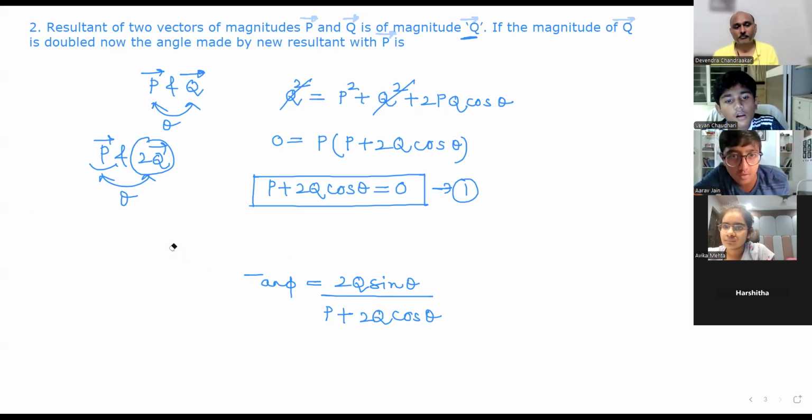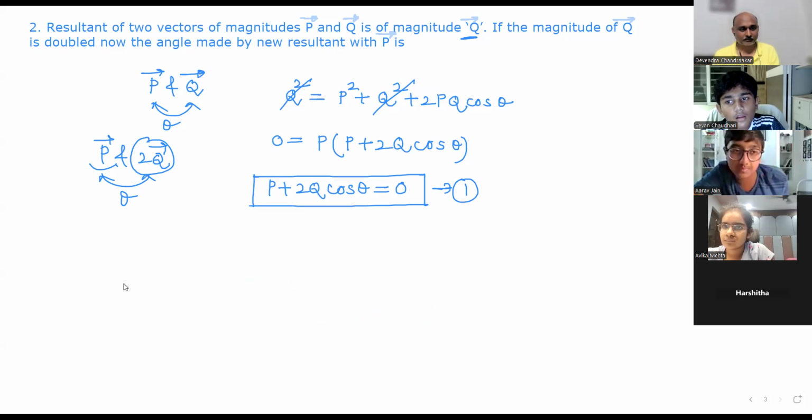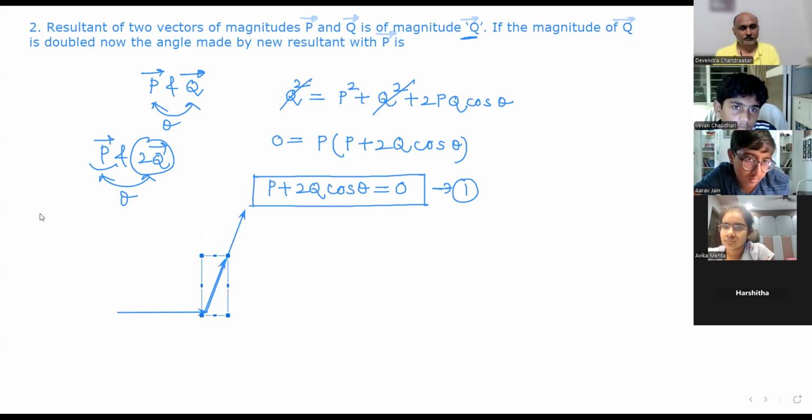Arav Jain, did you understand what I wrote here? R1 is the new resultant, phi is the angle between. Just a second, I'll draw it. This is P, this is 2Q, this was Q and 2Q, right? This is the new resultant R1. This angle is theta, this angle is phi, this is the P vector and that is the 2Q vector.